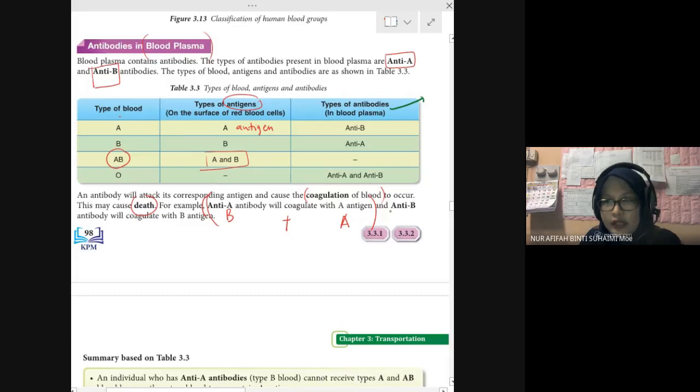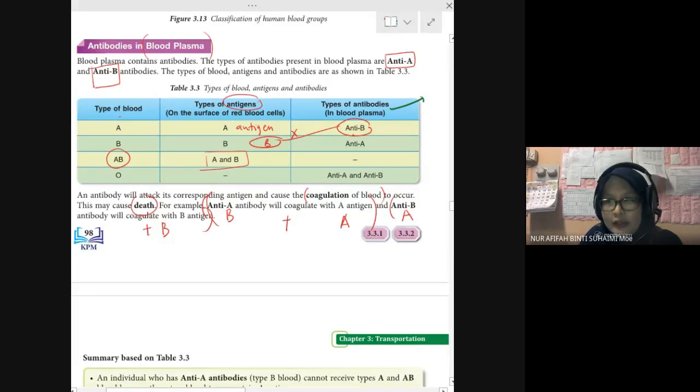Okay, this one anti-B for blood group A and blood group B. We give the example. Right. So antibody B cannot mix with antigen B. Cannot.